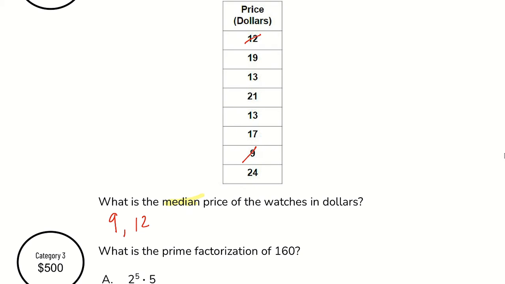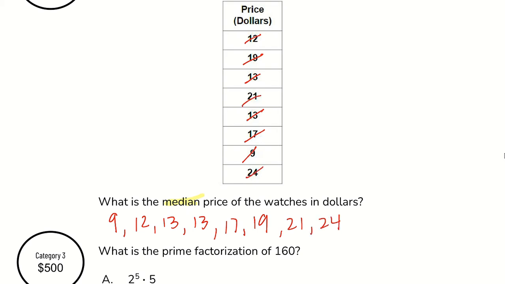And then we've got 13. Ooh, I see two 13s. Two 13s. And then we've got 17. Then we have 19. Then we have 21. And lastly, we have 24.